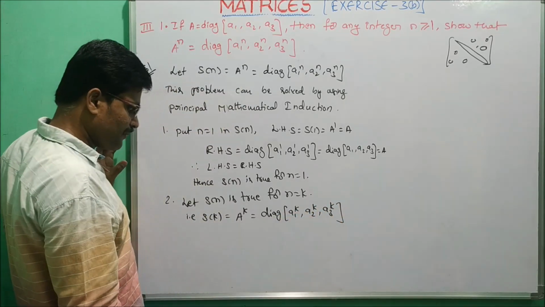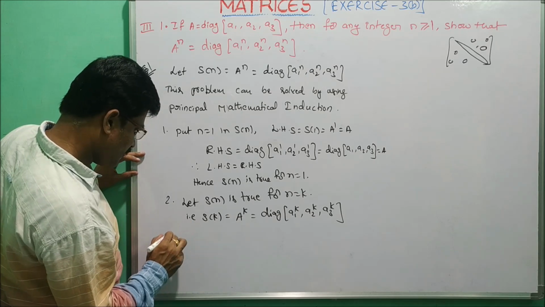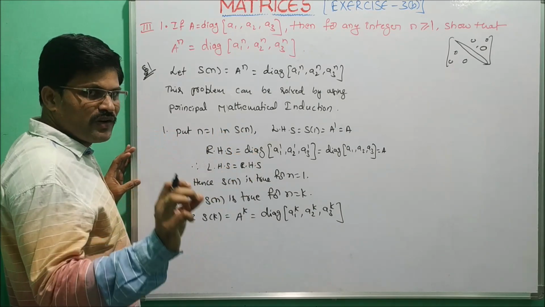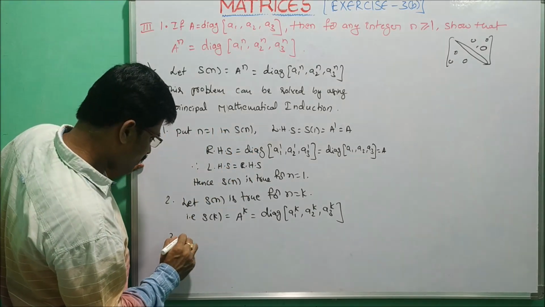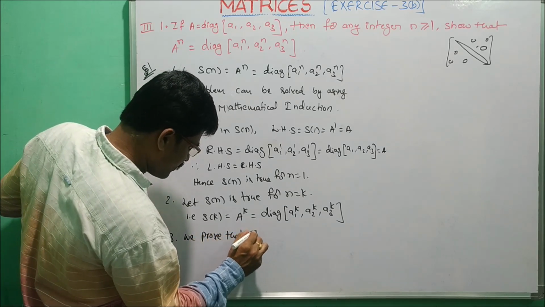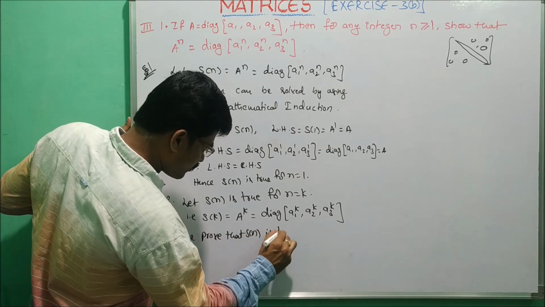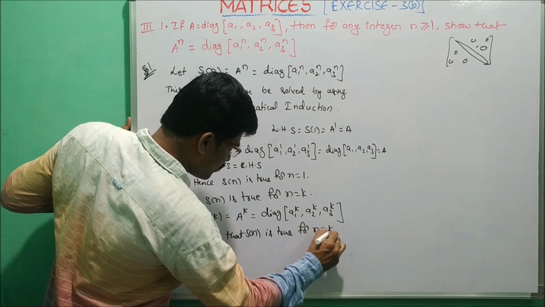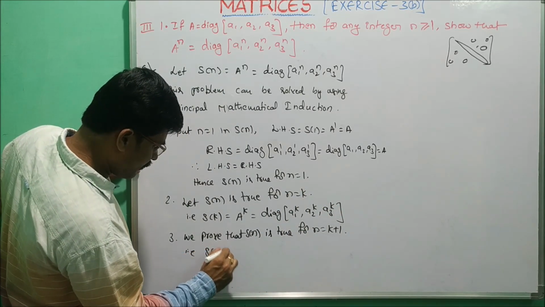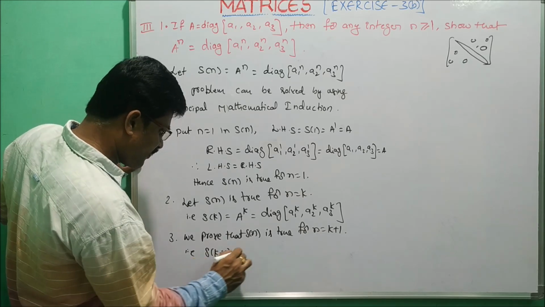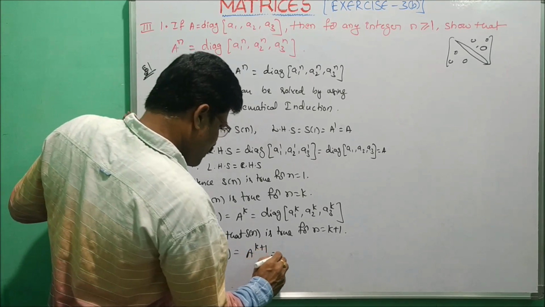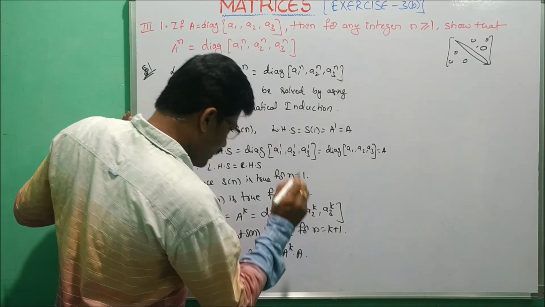This is the diagonal matrix. Now the third point is to prove that the given statement is true for n equal to k plus 1. So we prove that S of n is true for n equals k plus 1. That is S of k plus 1 means A power k plus 1. Now here we write A power k into A.